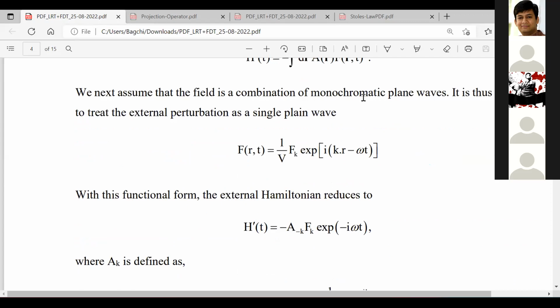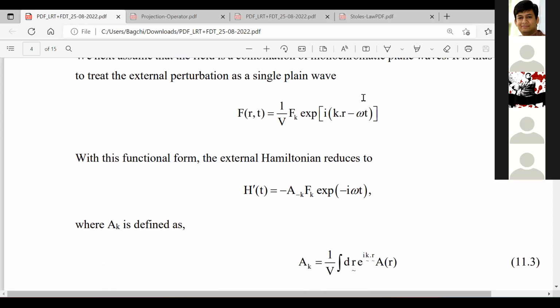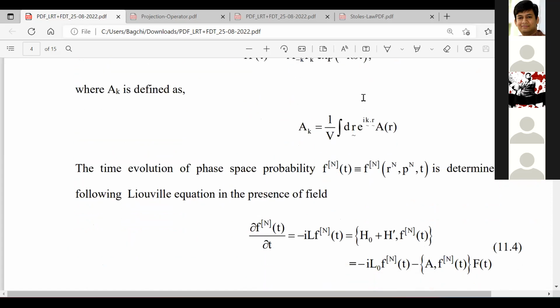So we further decompose in wave number, which is not necessary to carry, but frequency we have to carry. Then H prime has a term e to the power i omega t, a constant time dependence, but it's essentially a trivial time dependence term in front of it. Okay, now comes the interesting thing.